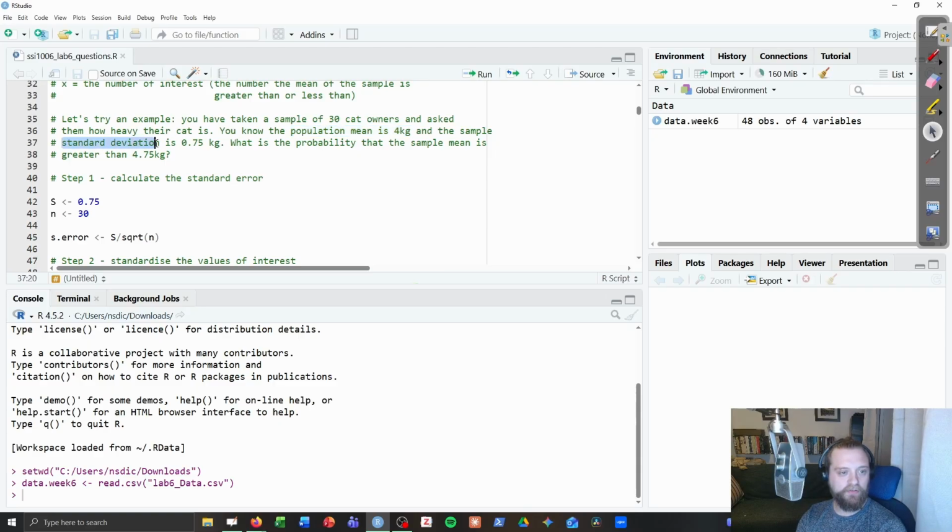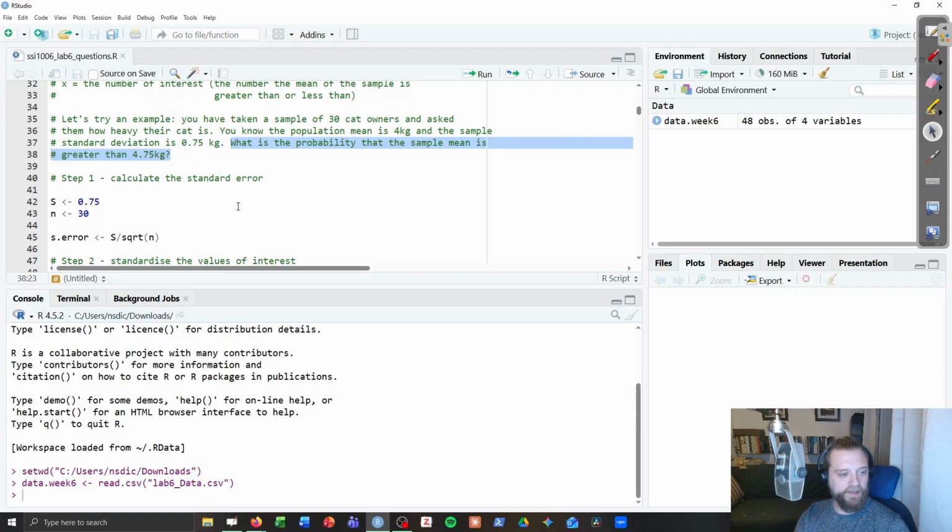And we know that the sample standard deviation that we draw from our hypothetical data is 0.75 kilograms. And what we're going to try and calculate is the probability that the mean of the sample, so not the mean of the population, is 4.75 kilograms.